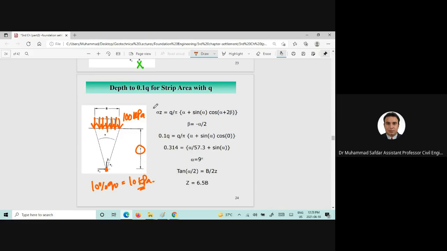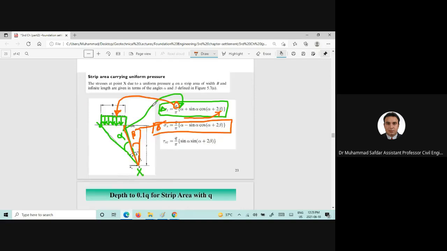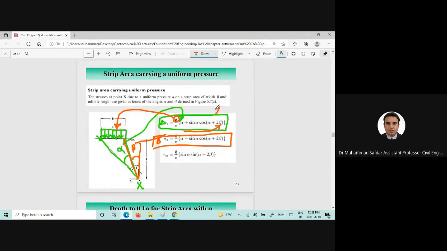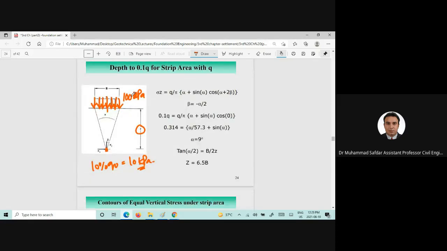If you simply use the strip footing equation for delta sigma Z, and replace delta sigma Z by 0.1 q, which is 10% of the applied load, we want to calculate the depth, but we already know that it is 6.5 B in the case of a strip footing.